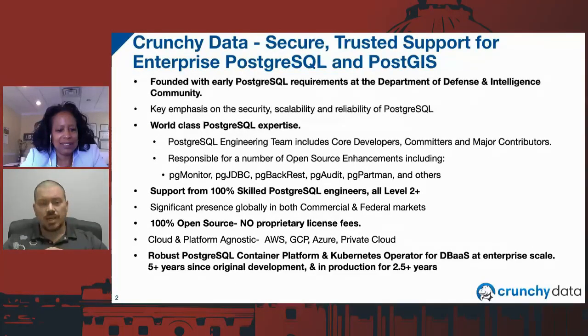We had our start back in the DoD and Intel community. A DoD customer reached out to us, looking for help implementing Postgres in a safe, secure, scalable fashion on secure networks to handle trusted mission workloads. So they engaged with Crunchy, and that's really where we got our start.